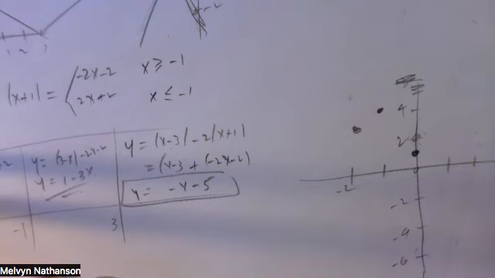At 1, the value of the function is -2. And at 2, the value of the function is -5.